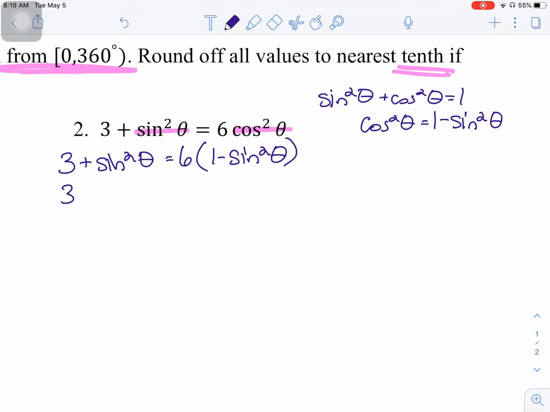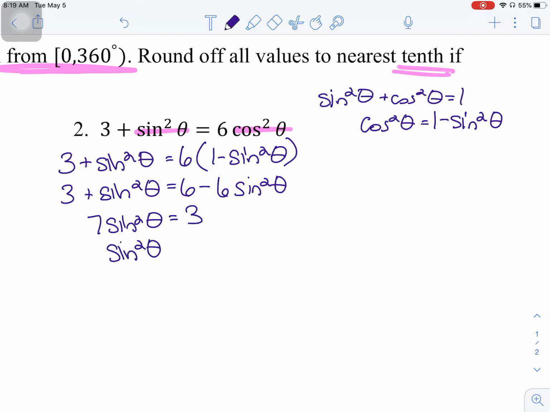All right, little distributive property here on the right side. So 6 minus 6 sine squared theta. I'm going to move my sine squareds to the left and my constants to the right. So 7 sine squared theta equals 3.